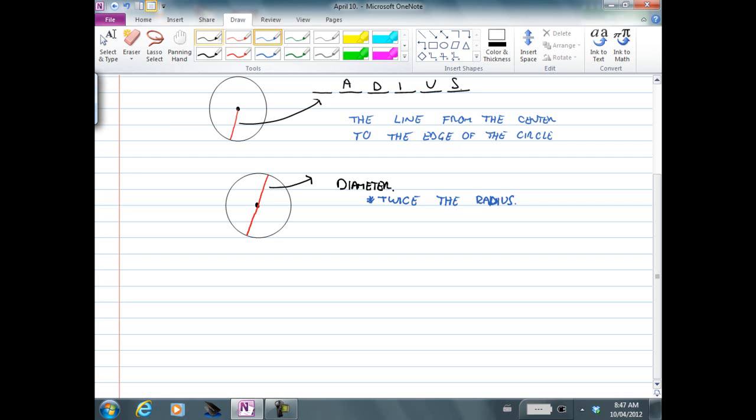But more importantly, diameter goes from one side of the circle to the other side. That's what diameter is. It goes from one side to the other side, and it cuts right through the center.